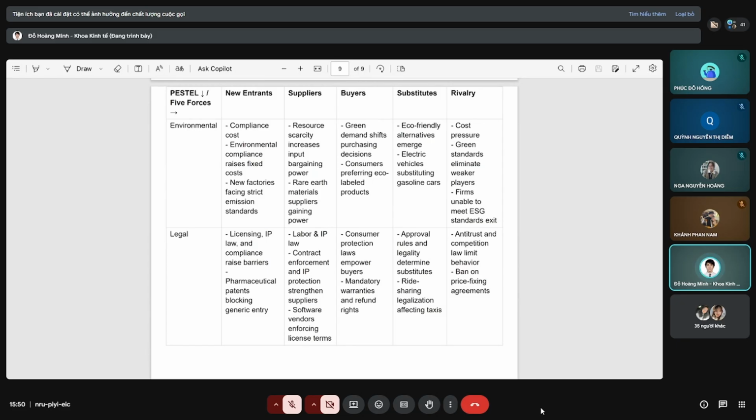For example, you can see the example in the traditional taxi industry and Grab or Gojek.